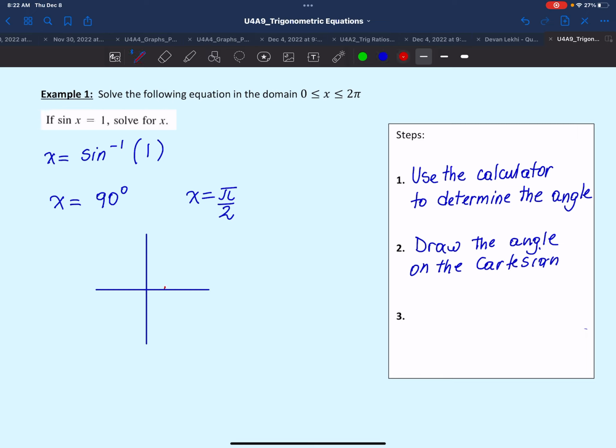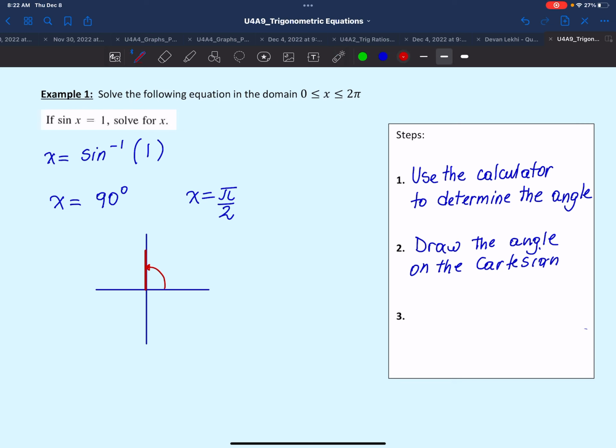So the angle pi over 2 always starts from the positive x-axis, goes up or counterclockwise, and as you can see in here, the terminal arm has landed on the y-axis. So if you reflect the terminal arm about the y-axis, that will result in the same terminal arm, which means that this would be the only angle that will have a sine ratio equal to 1.